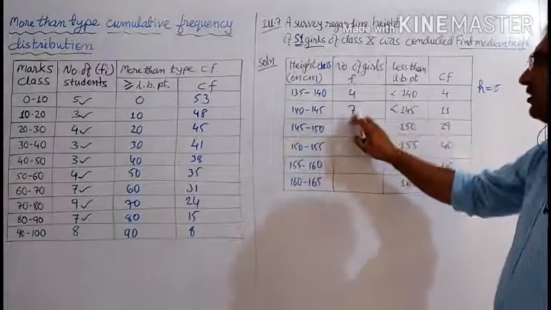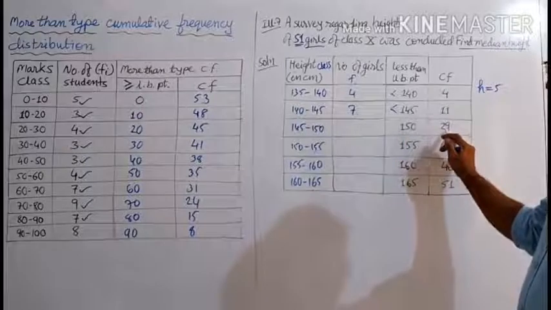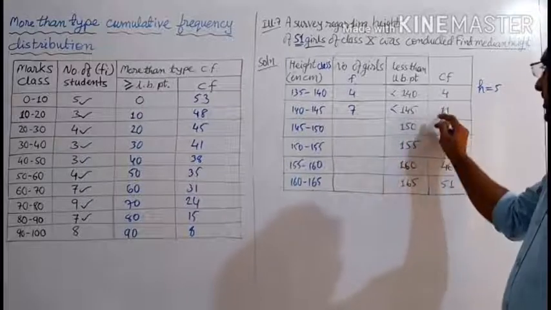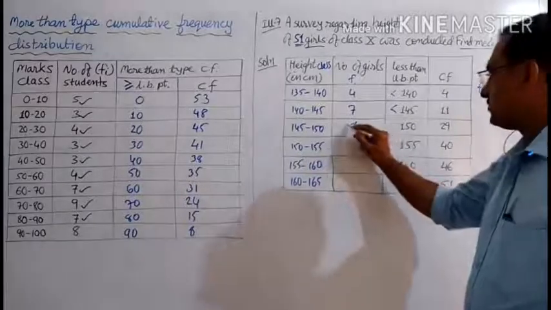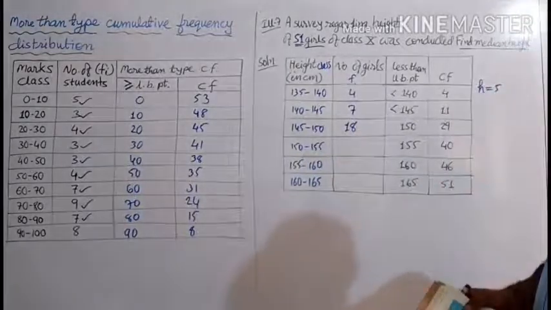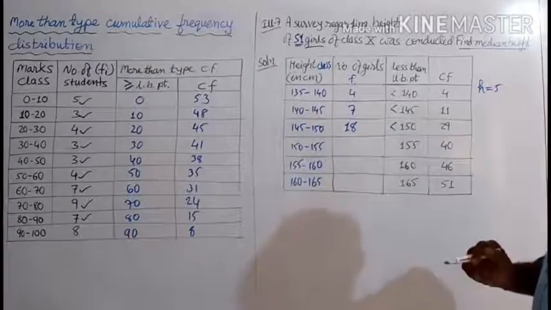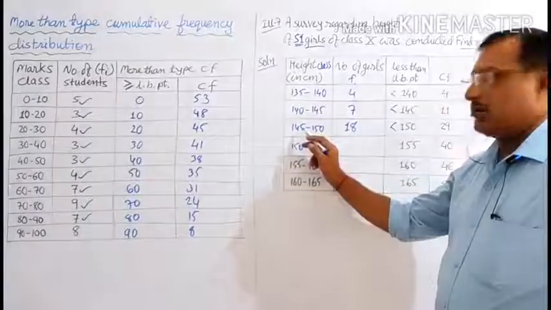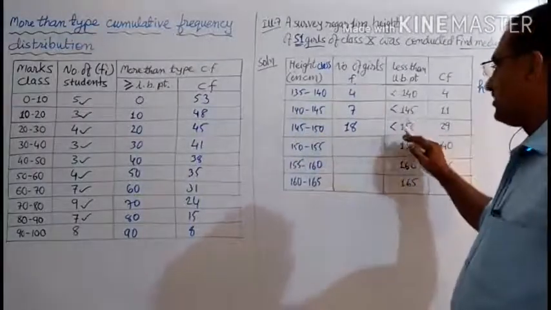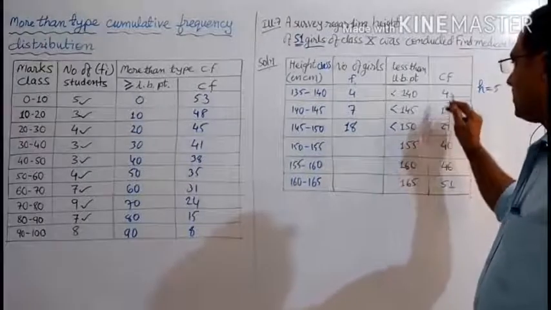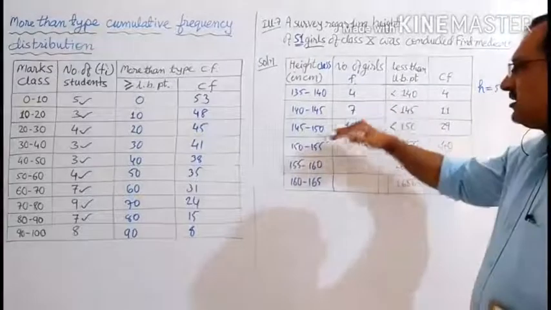Similarly 29 minus 11, there are 18 students or girls having height less than 150 but not less than 145, because total 29 have less than 150, out of that 11 have height less than 145.